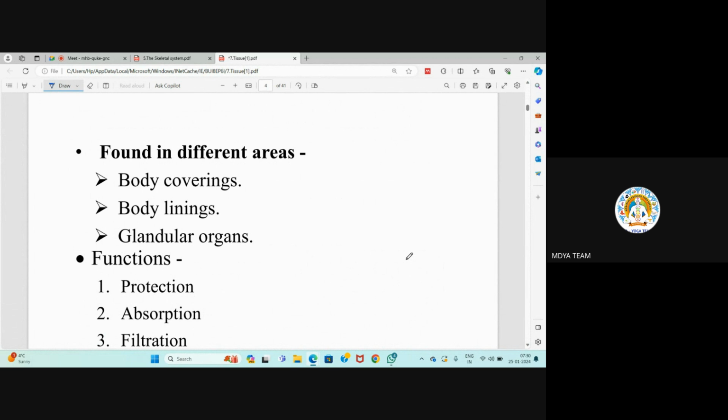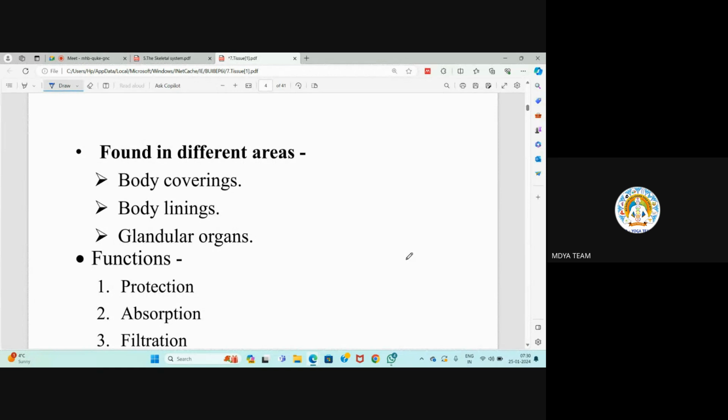Thyroid is a gland because the thyroid gland produces thyroid hormone. In all these glandular organs, we can find epithelial tissue.